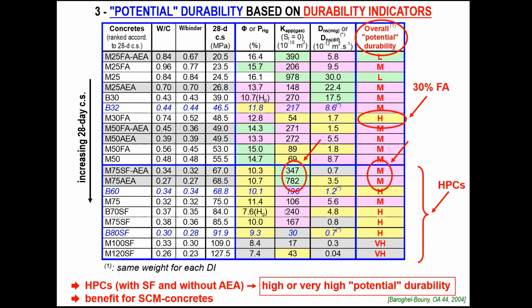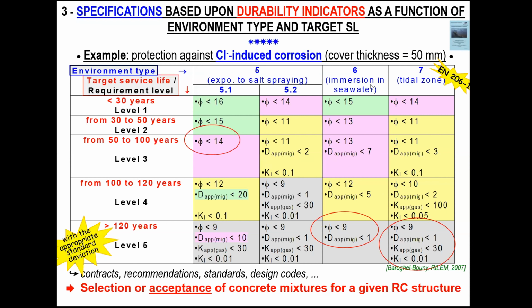So you can see that when you select properly your set of durability indicators, you can focus on what is important for you with regard to the environment you want to consider, and you can see clearly the benefit of SCM concrete.